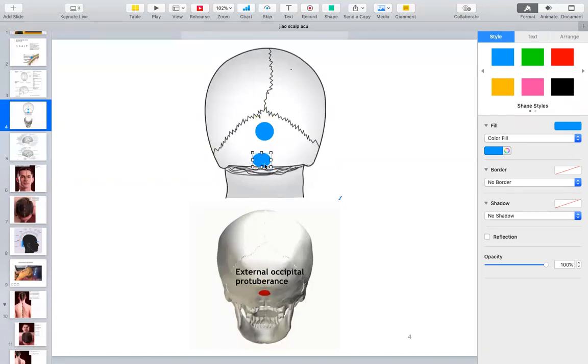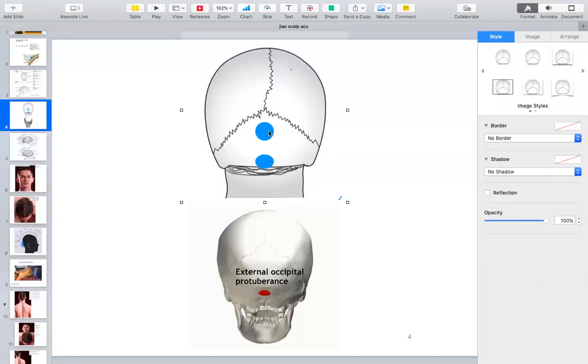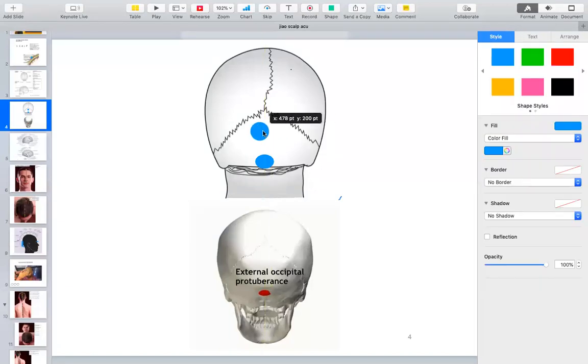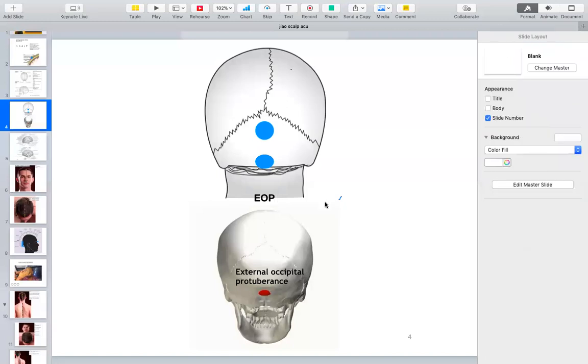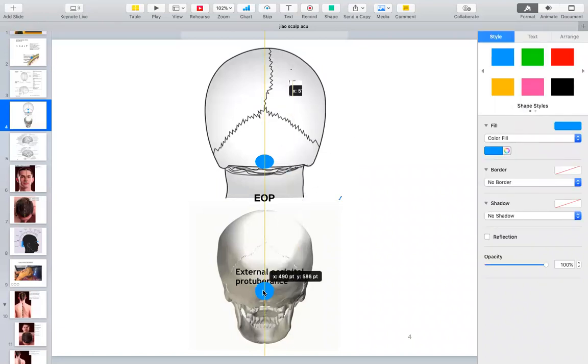If you keep your forefinger at the posterior hairline, this point will be under the fourth finger. So the name of this point is EOP, or external occipital protuberance.